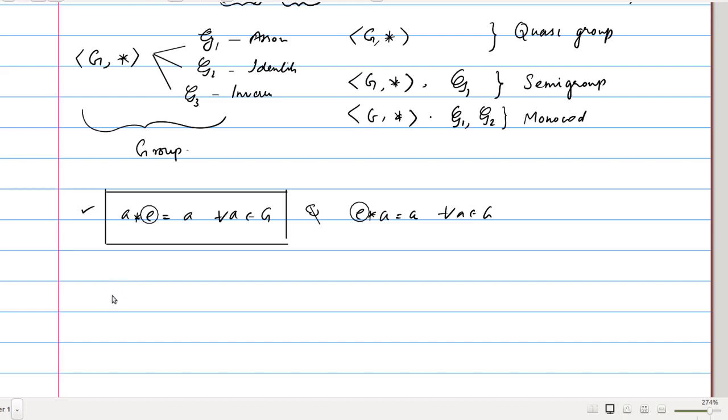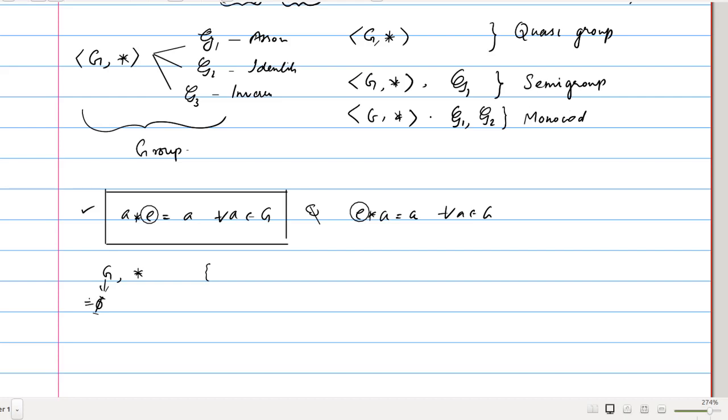Another thing you have to remember is, just as we discussed the binary operation table for an algebraic structure, we can discuss the group table corresponding to a group. If we have a group G with binary operation star, obviously G should be a non-empty set.